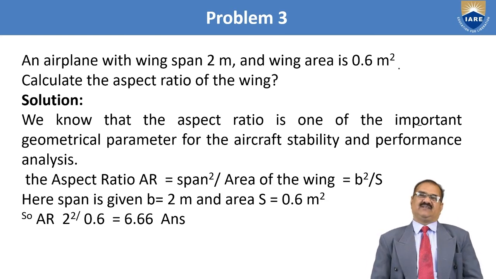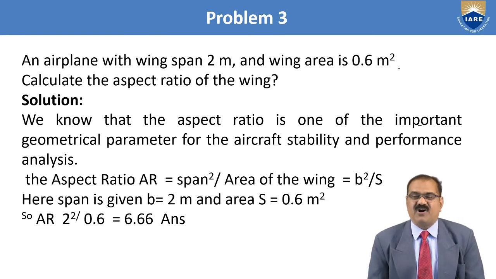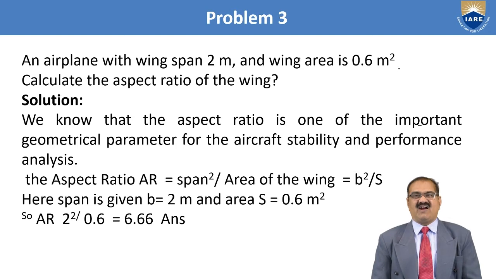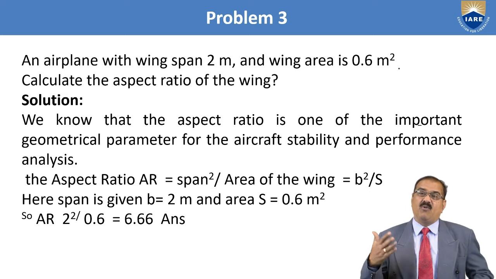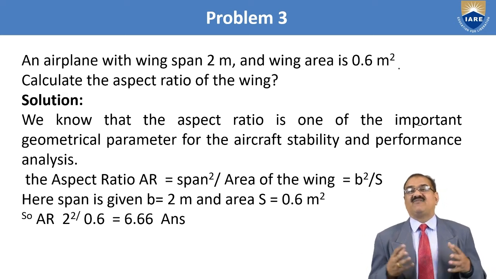You know that aspect ratio is a very important parameter for any aircraft, for any birds and for any insects or avians. The aspect ratio is one of the very important parameters because it will give the efficiency also. If you have more aspect ratio, the aircraft will have less drag.